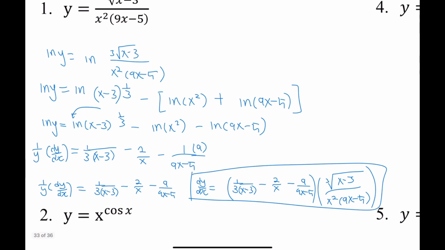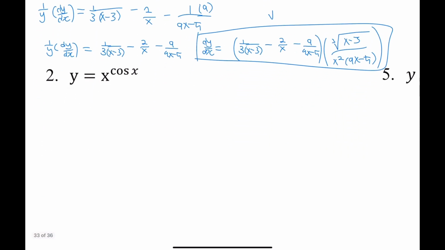So this will be the answer. So imagine that you had to go through product rule, quotient rule, so many complicated things to get to this answer. So I would say logarithmic differentiation is definitely a way to go when you see that there's no other possible way for you to find a solution.